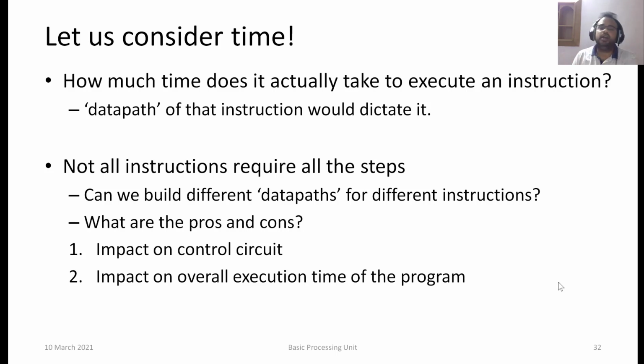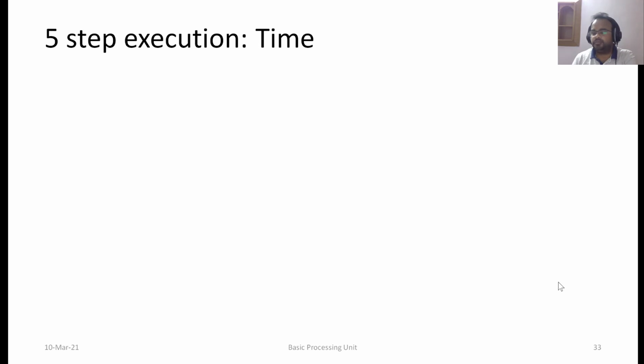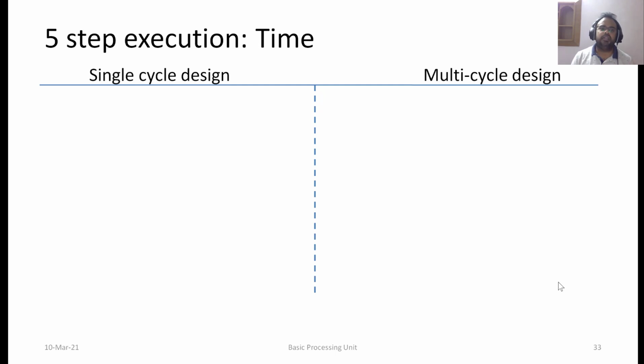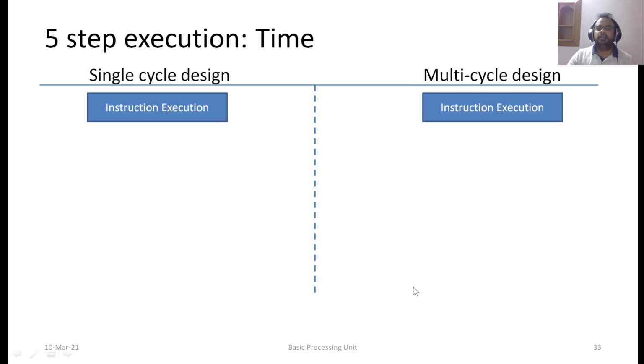Now assuming that we are going ahead with the 5 steps of execution for each instruction, there can be two possible implementations. One is what's called a single cycle design, the other one is a multi-cycle design, right? What do we mean by this? Let's try to understand that. Let's say to execute an instruction we need so much time.